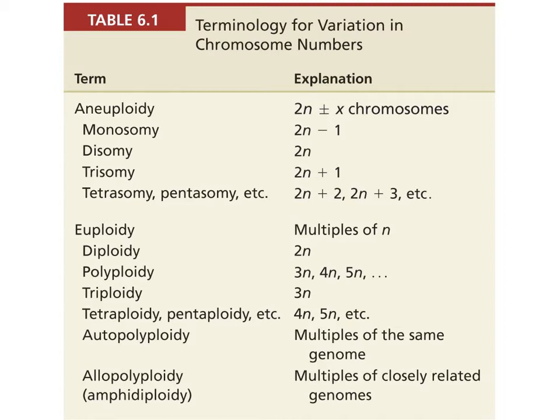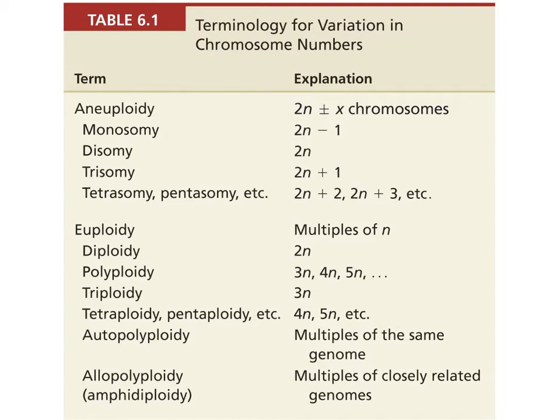Now, for the most part, the aneuploid systems are not terribly difficult to recognize, right? The difference between monosomy and trisomy: in trisomy 21, they have 2 times 23 plus an extra chromosome 21, right?